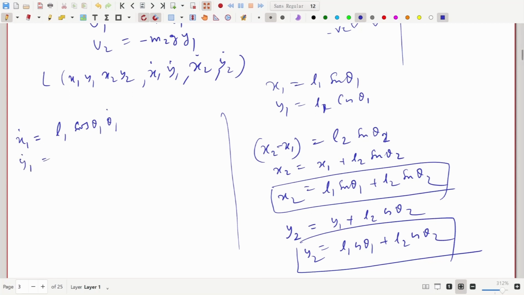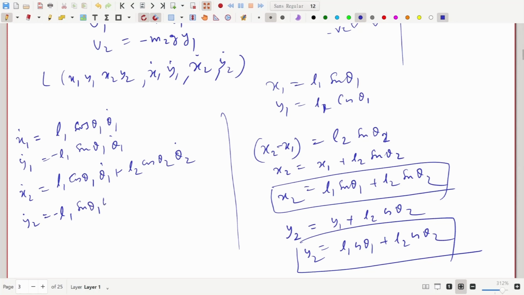Similarly, y1 dot will be minus L1 sine theta 1 theta 1 dot. x2 dot will be L1 cos theta 1 theta 1 dot plus L2 cos theta 2 theta 2 dot, and y2 dot will be minus L1 sine theta 1 theta 1 dot minus L2 sine theta 2 theta 2 dot.